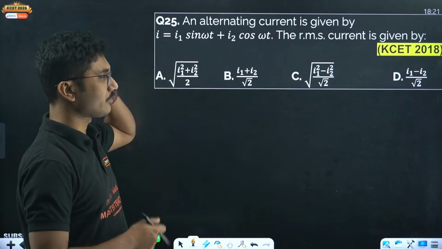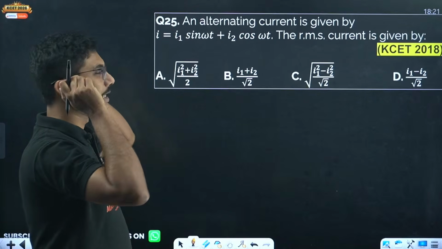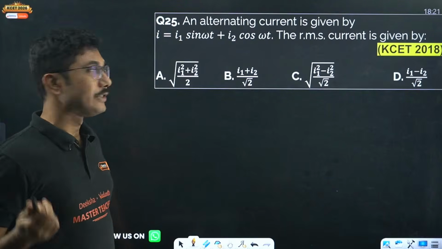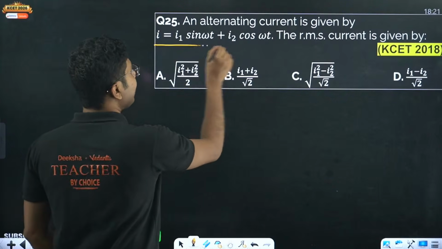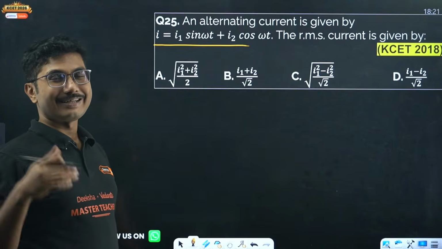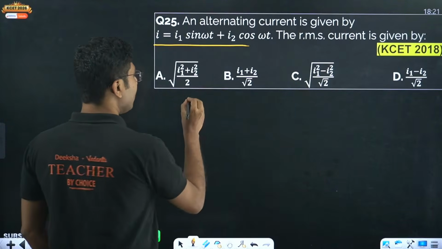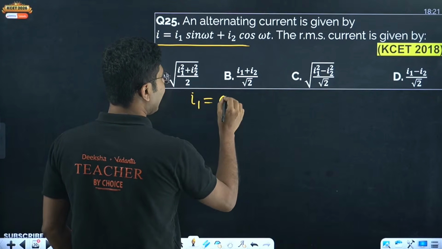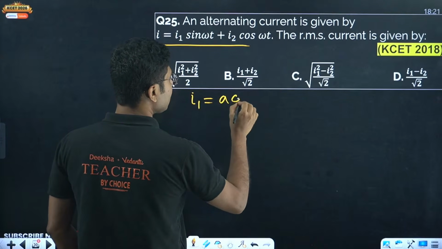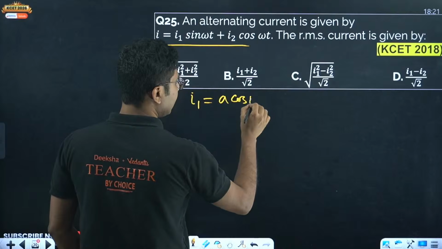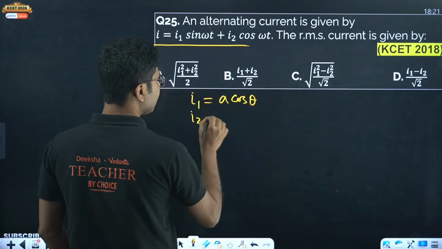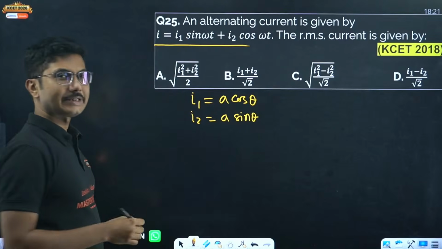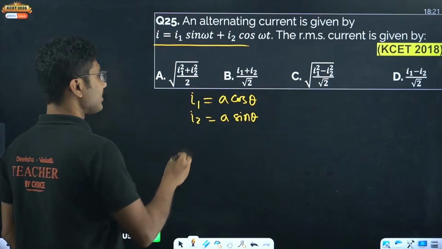Now how to solve such a question? You might guess the answer, but how to mathematically solve it, that I will teach you. This is very simple. You do this kind of calculation in your integration substitution. So what we will do is take I1 equals some value A into cos theta, and I2 equals A sin theta. Okay, the same way we substitute in our integration substitution.